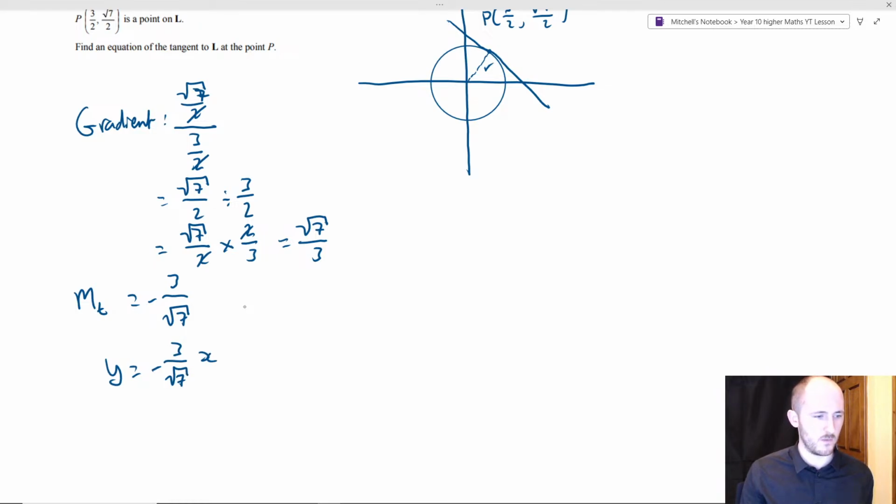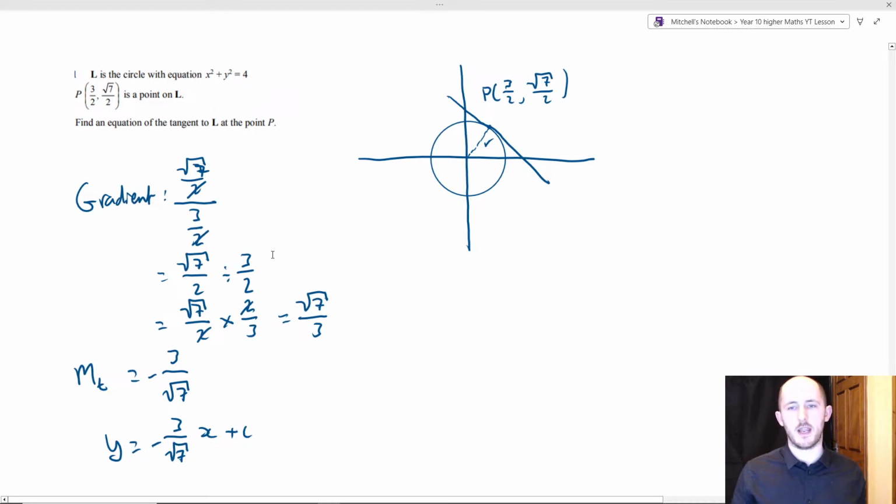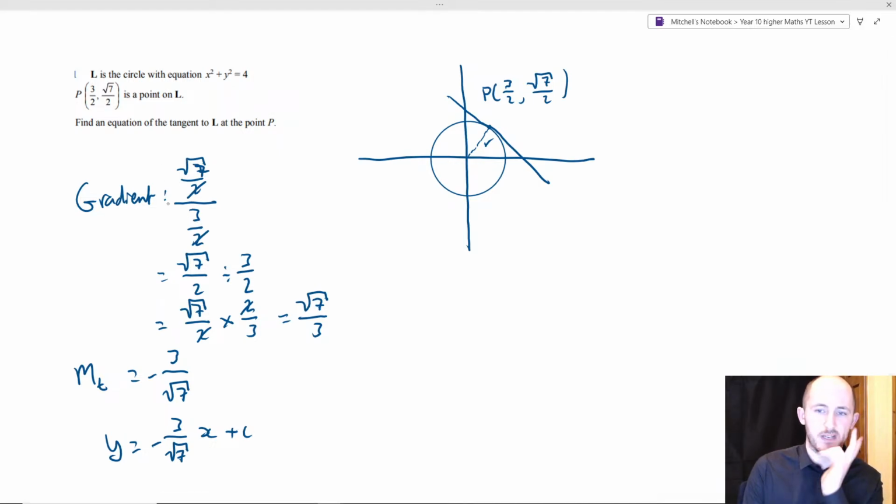Why isn't it 2 root 7? So I think I see what you mean. When you normally have a fraction divided by another number, it kind of flips up.